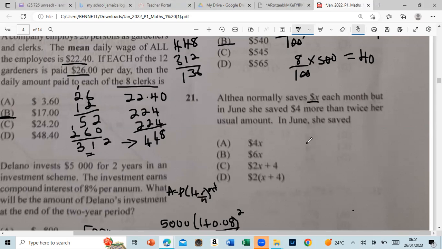So in June, she saved 4 more than twice. So that's 2X plus 4. Alright, so that would be D. Let's move on.